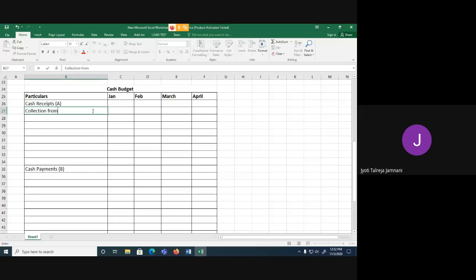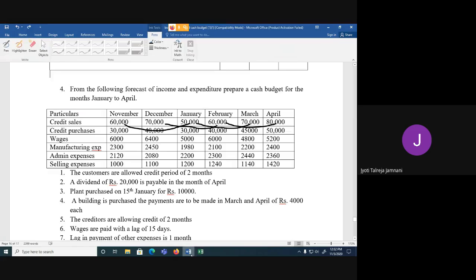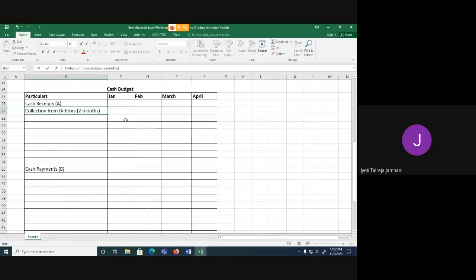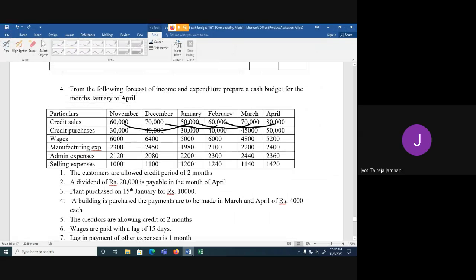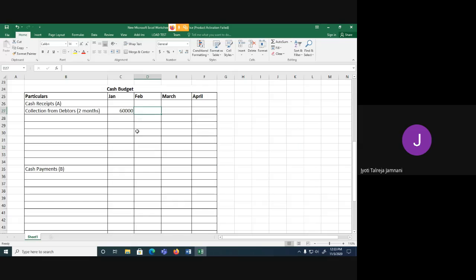Call it collection from debtors, and we're giving 2 months time. So November we receive in January. November 60,000. You're going to get it in January 60,000. December 70,000 you're going to receive in February.